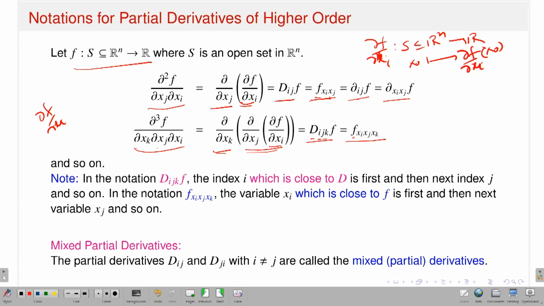And finally, you perform the partial derivative with respect to the xk variable, but of which function? Del 2 f del xj del xi, that function. The corresponding notation is f suffix xi xj xk, that means first you perform the partial derivative with respect to the xi variable of the function f, then with respect to the xj variable of the function del f del xi, and finally with respect to the xk variable of the function del 2 f del xi del xj.